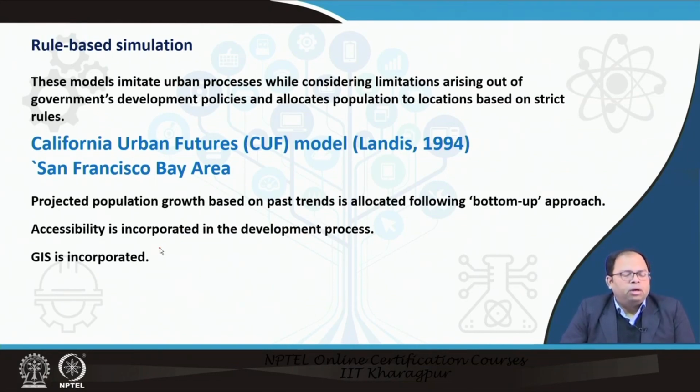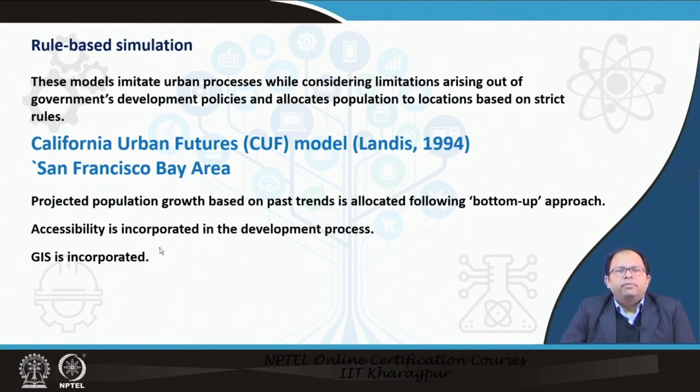One of the very famous models coming out of this sort of rules is the California Urban Futures model, made by Landis in 1994, and this was applied in the San Francisco Bay Area. Here the projected population was based on past trends and is allocated following a bottom-up approach.